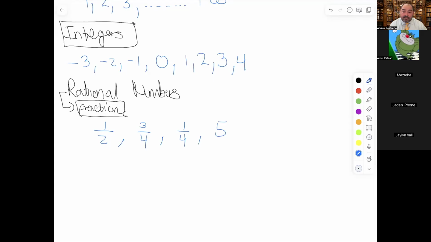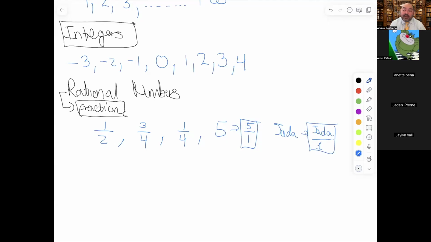Jada, can I turn a 5 into 5/1? Yes, you can. You could turn a 5 into 5/1. It's like saying Jada now becomes a fraction, Jada over 1. This is valid.